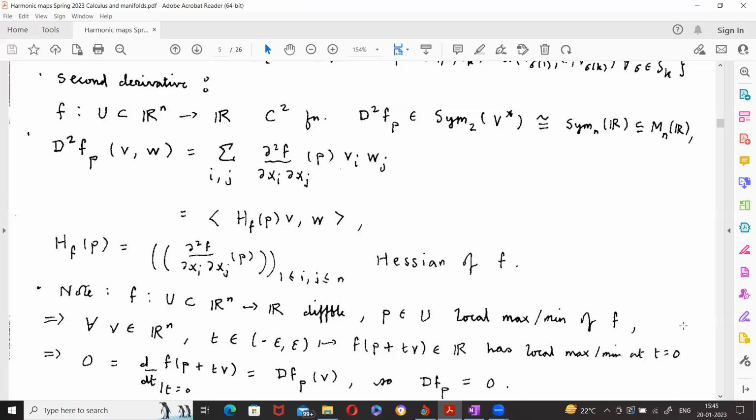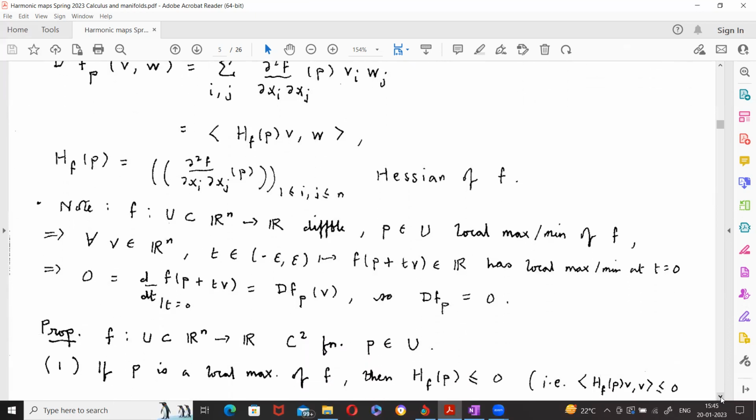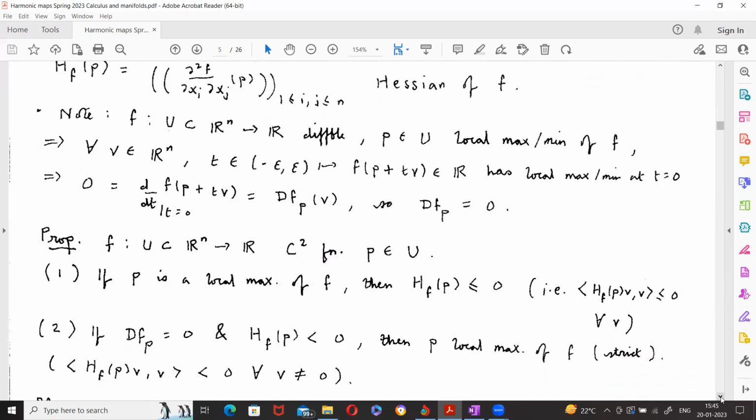Okay. Now, we can note the following, what is called the second derivative test in higher dimensions. So first note that if f is a differentiable function and p is a local maxima or minima of f, then if I restrict f to any straight line passing through p, let's say p plus tv, then f of p plus tv as a function of one variable t will also have a local maxima or minima at t equal to 0.